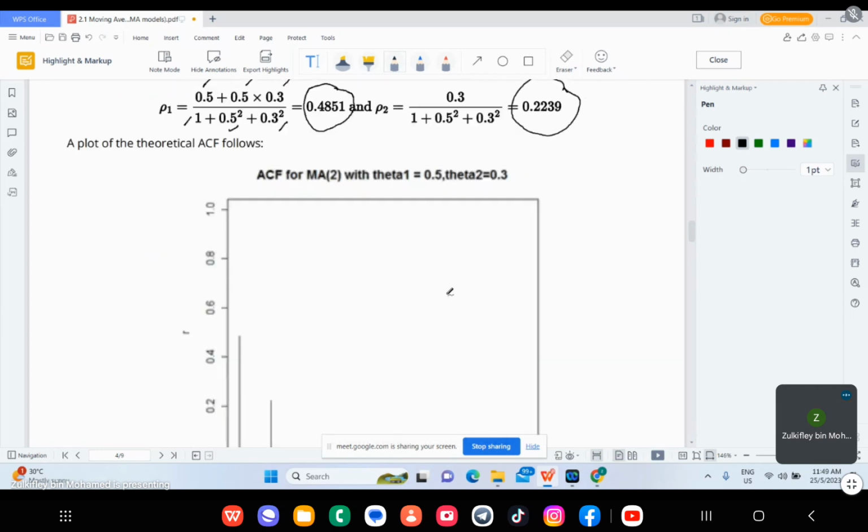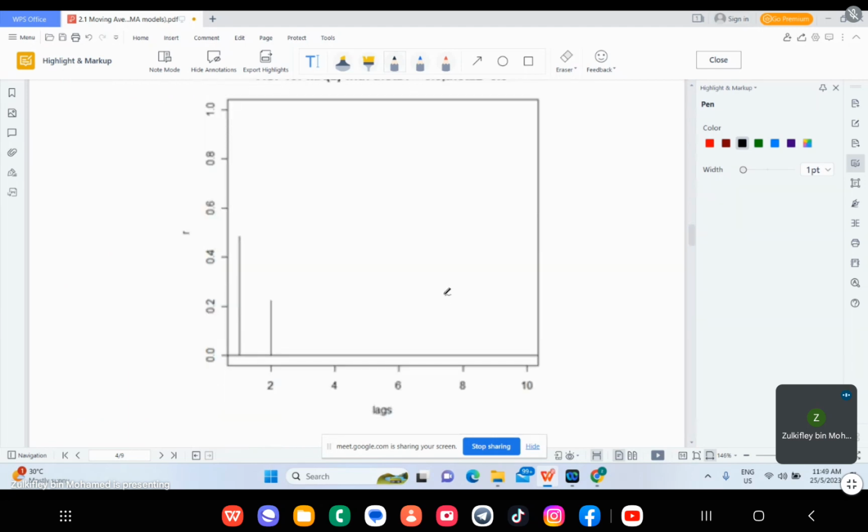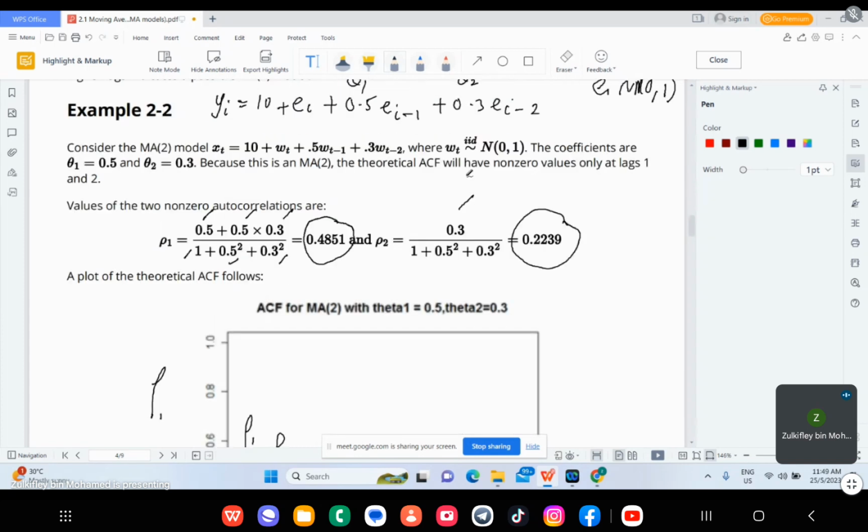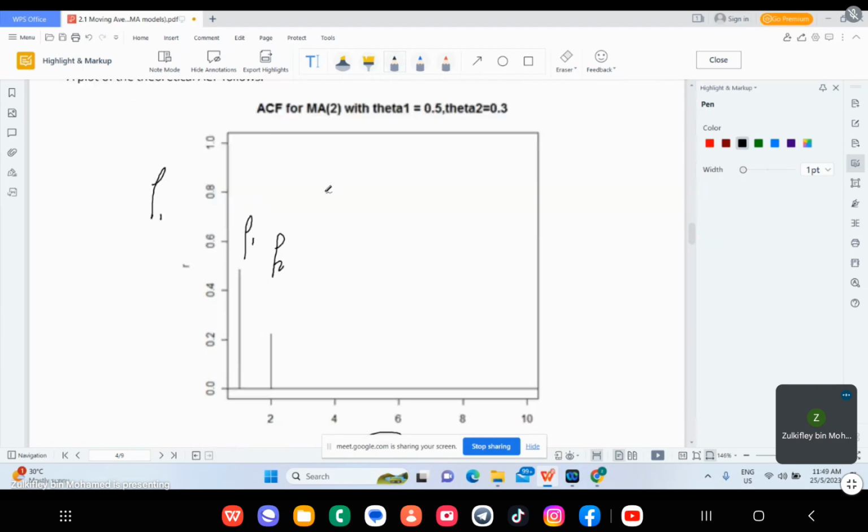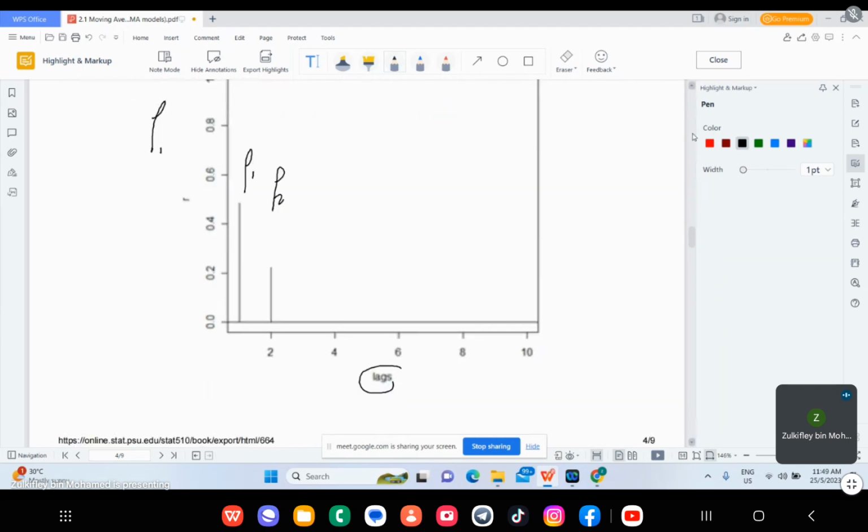Okay, now, if you plot the graph here, you will have against lags. These are lags, number of lags 10. So this is your rho. So you have only rho 1 and rho 2. The rest is equal to kosong. So kalau you plot sini, katakan awak tak tahu function lagi, tiba-tiba you plot, you jumpa bentuk begini, makanya di sinilah MA2. Sebab dia ada dua palang. Dua palang di sini refer to MA2.